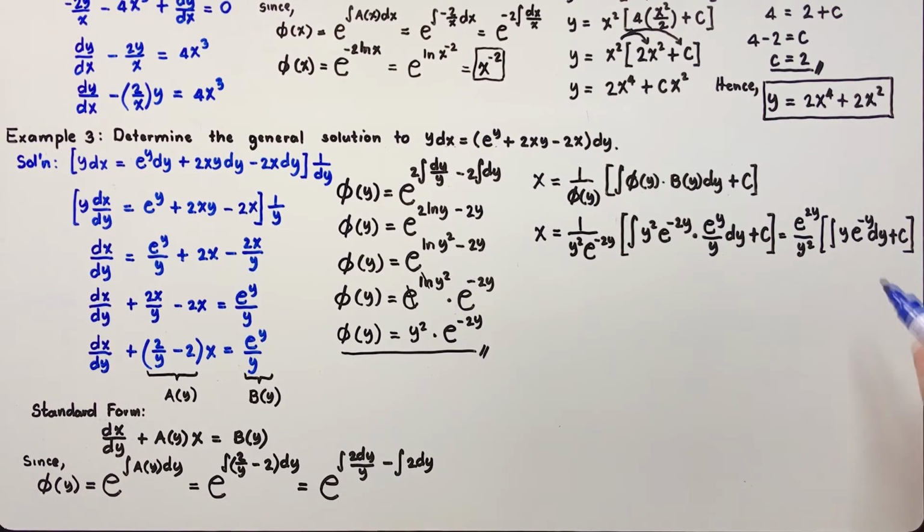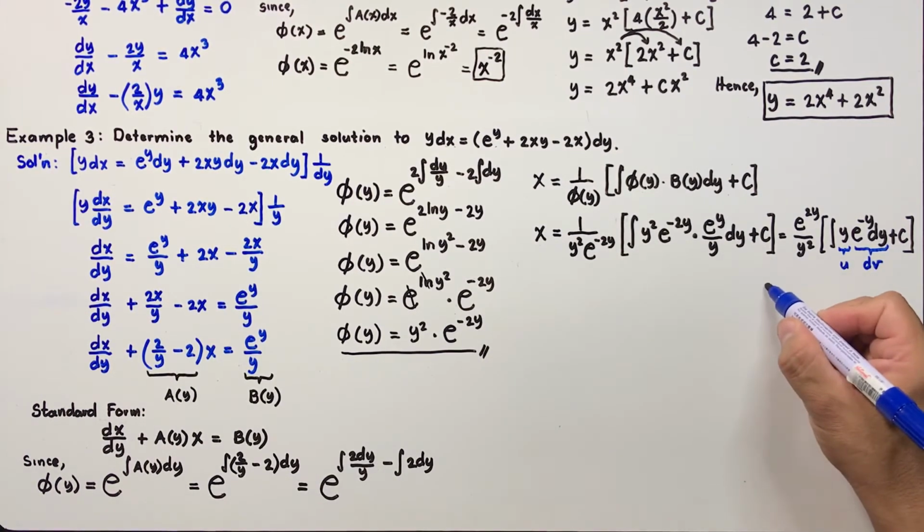So looking at this integrand here, we notice that this is a product of an algebraic function and an exponential function. Therefore, to integrate this one, we can apply integration by parts, wherein this y is our u and the remaining part is our dv here.